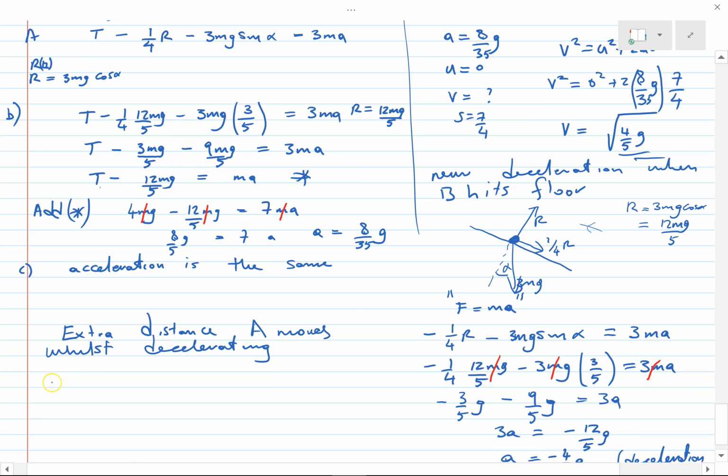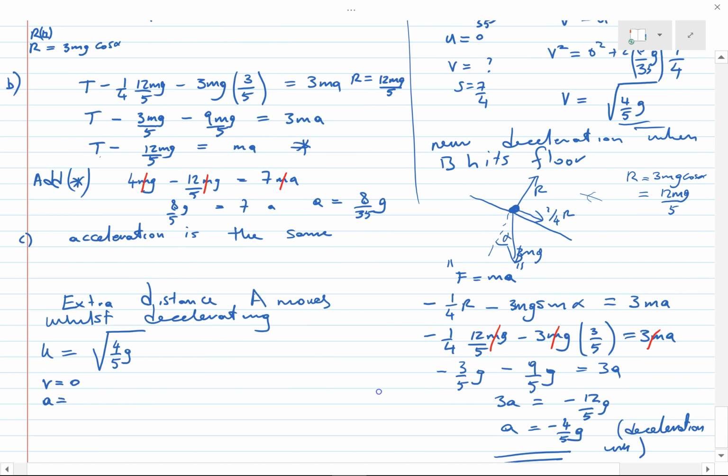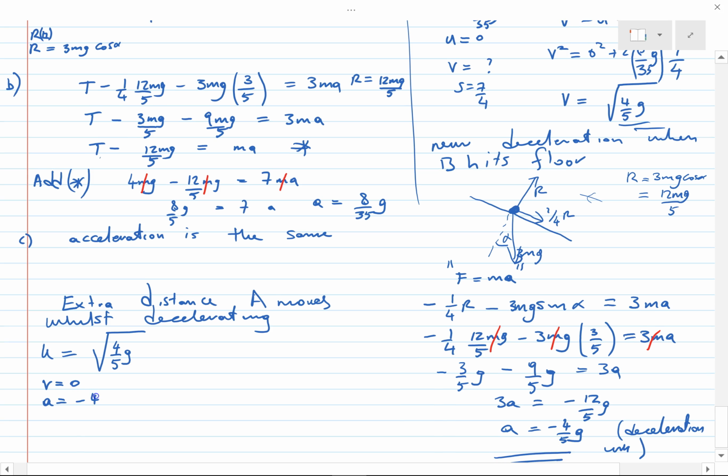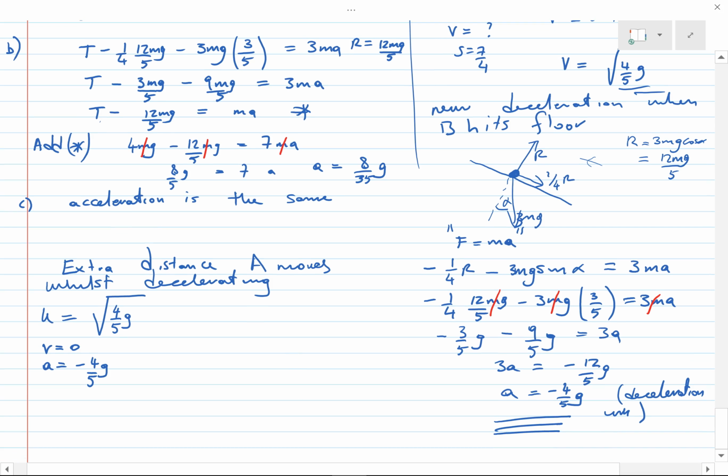So we know that u is equal to the velocity attained whilst it was accelerating when the string was still tight. We want the distance when it comes to rest, which is v equals 0. It's decelerating with this that we found here, this minus 4 over 5g. And then we want to work out the distance it moves.